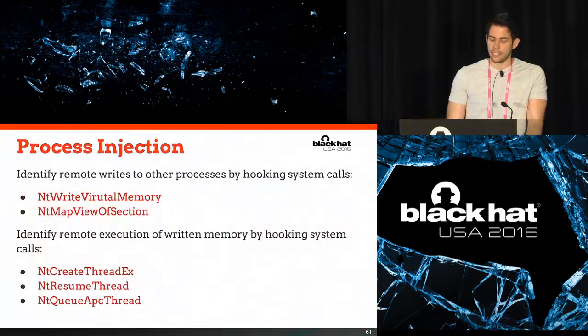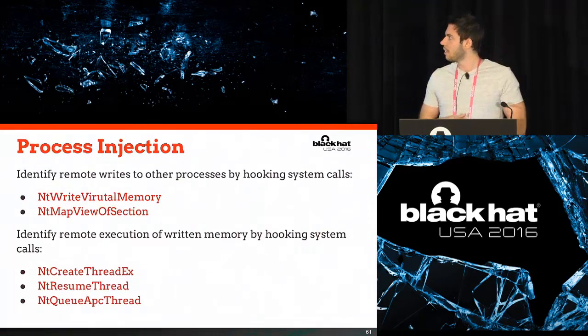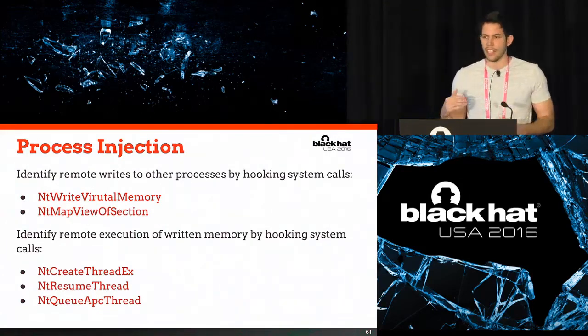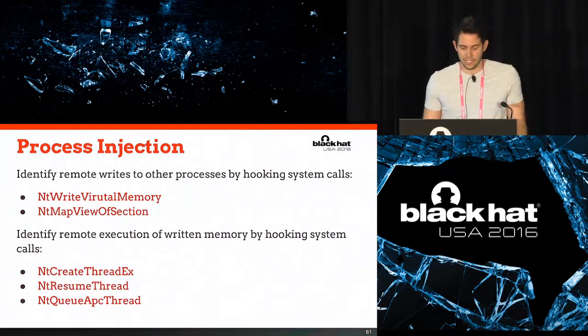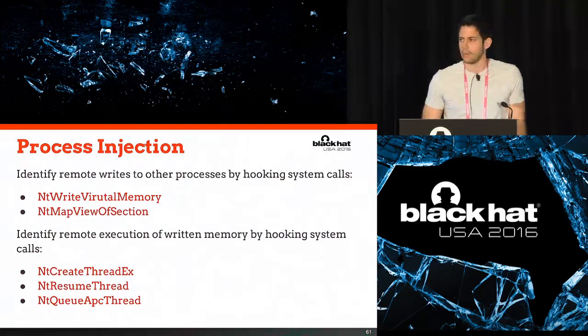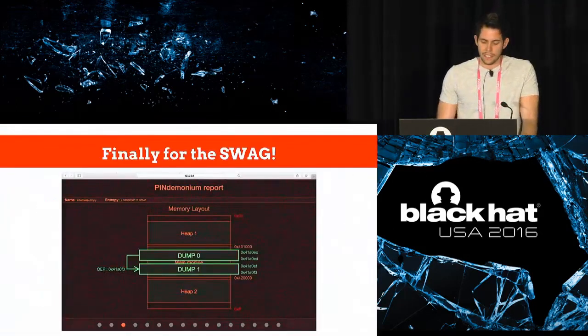So we decided to exploit the PIN hook functionality to hook all those functions useful to identify remote write and remote execution. And then the basic idea behind the algorithm remained the same, as the execution and the write will have happened in the same process.